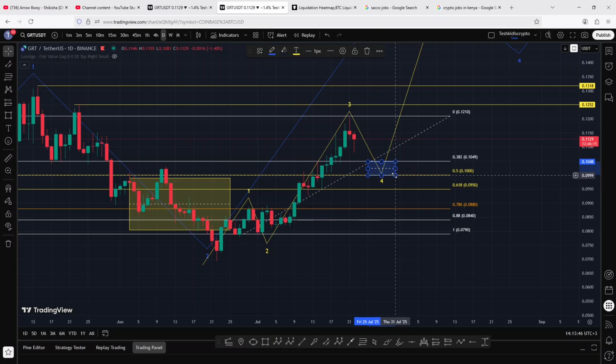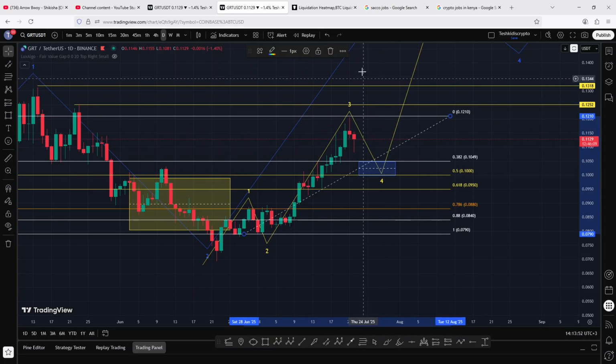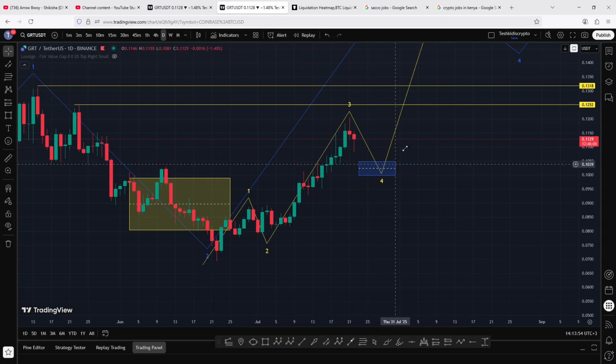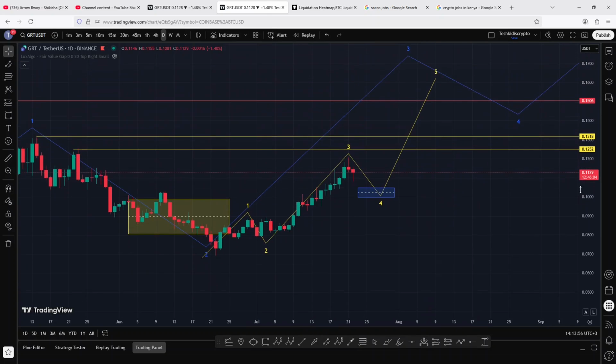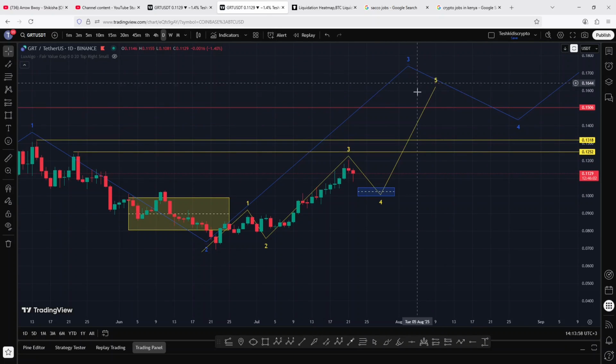And that is an area that I will pay attention to in case we continue seeing further pullbacks over here, because within that area we should find support and then start a reversal to the upper side in the formation of this wave 5 that should easily give us a break above the 0.173 in the next coming days.